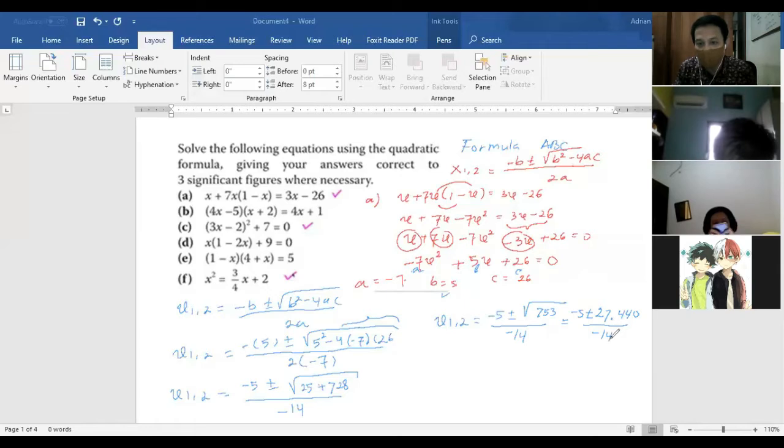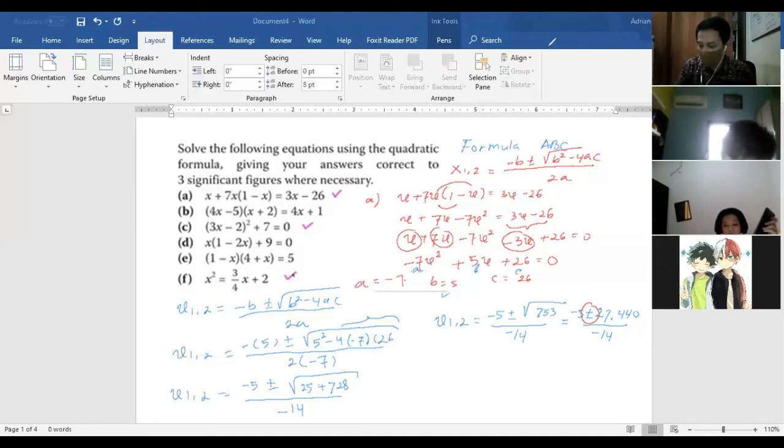Is it clear, everyone? Okay, so that's the meaning of the symbol plus minus, everyone. Listen. There is the symbol of plus minus. You know the meaning of plus minus? Plus minus means you have to separate the answer into two parts.